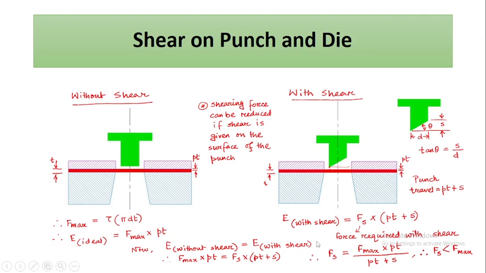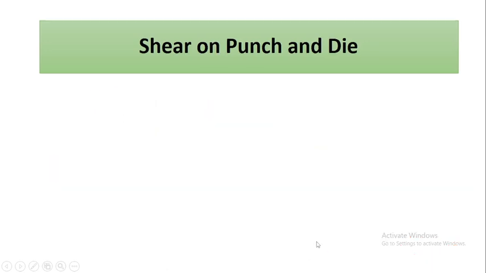Now if we plot a graph, in the first case we are plotting a graph where this is the displacement of the punch, or the punch travel, and this is the force applied.